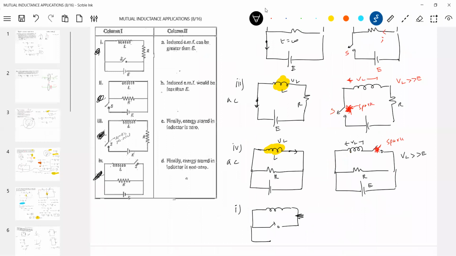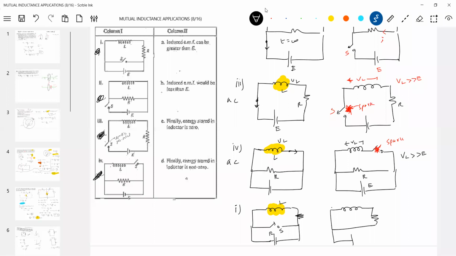We have a resistor. There's an inductor. Energy will be there in the coil. So now I'm going to close the switch. Once I close the switch, what will happen to the inductor now?